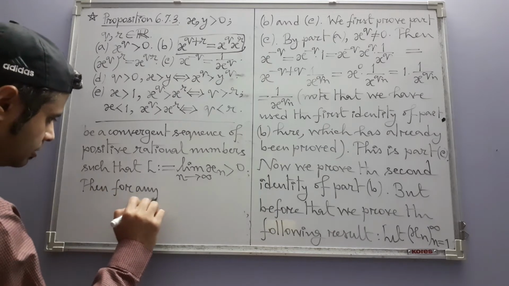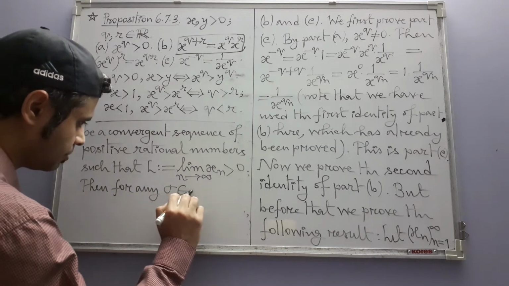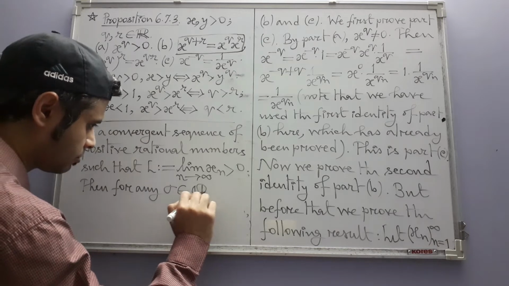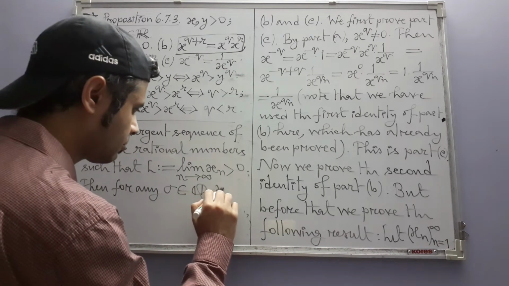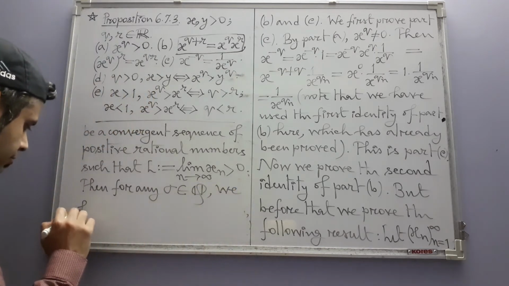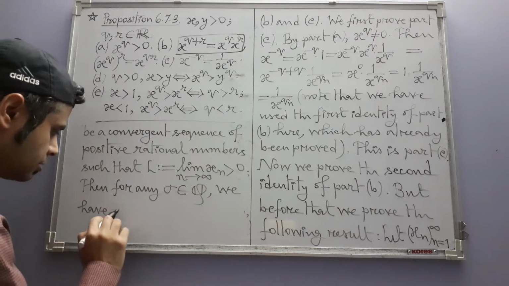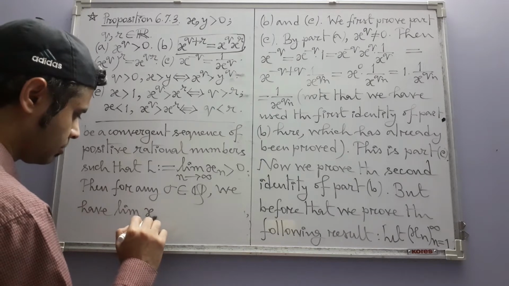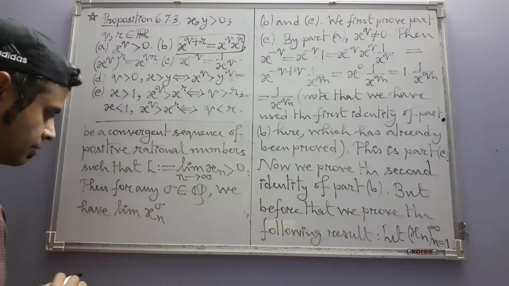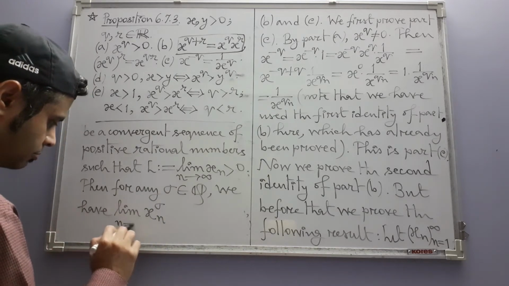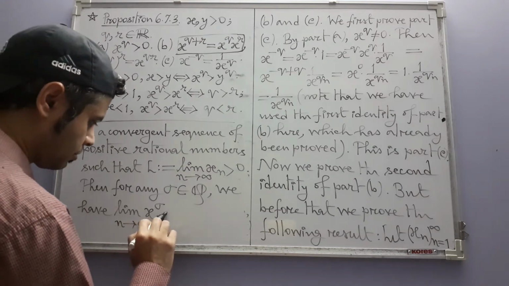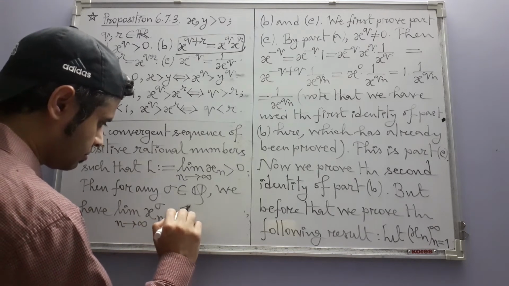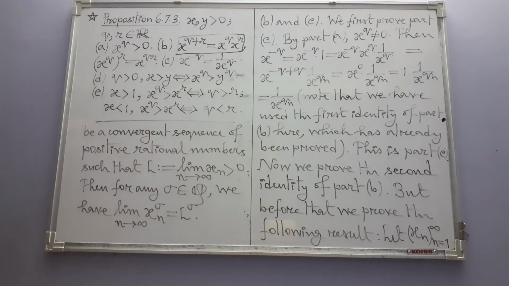then for any rational number sigma, we have this limit of xn to the power sigma equal to L to the power sigma.